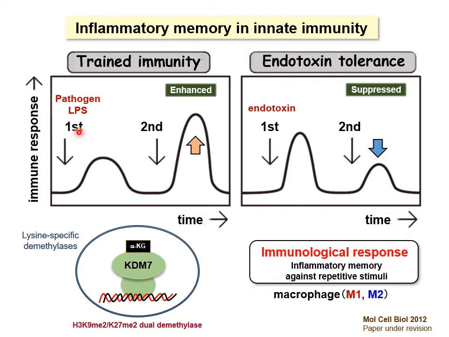The first stimulation and second stimulation. We are interested in the second response. So in this case, you can see enhanced immunological response. In contrast, you can see suppressed response here.